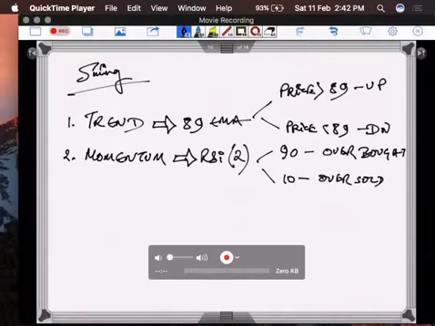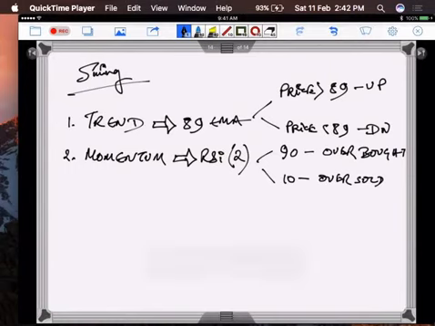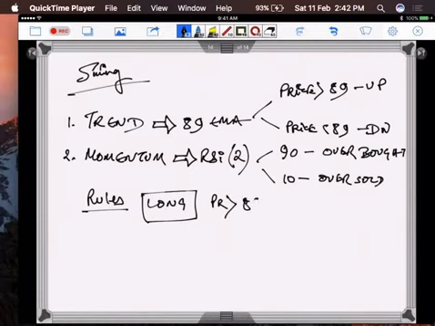So what are the rules? There are two sets of rules. The first rule is for any possible long position, my price should be greater than the 89 EMA and my 2-period RSI should be less than 10.